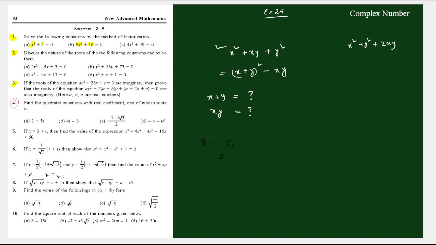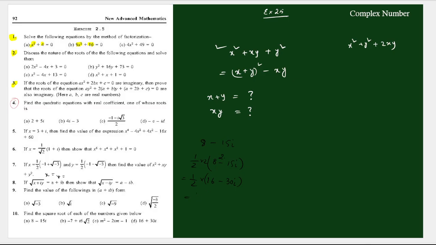When it becomes an odd number and cannot be divided like this, then multiply both terms and take half. Then you will get 8 minus 15i. In this way you will get half, then you multiply, this is 16, then this will be your 30i. Now you will be able to solve.